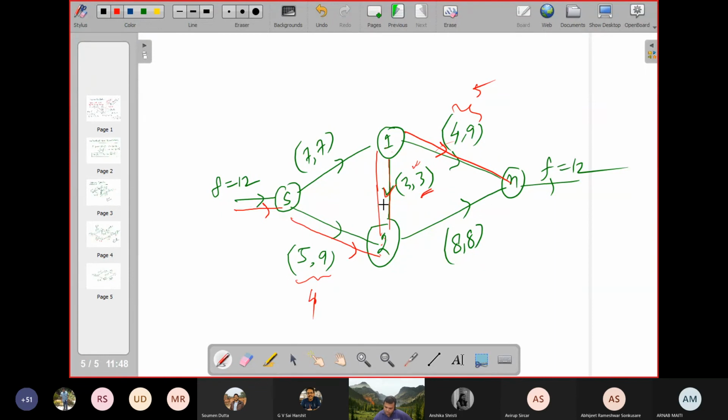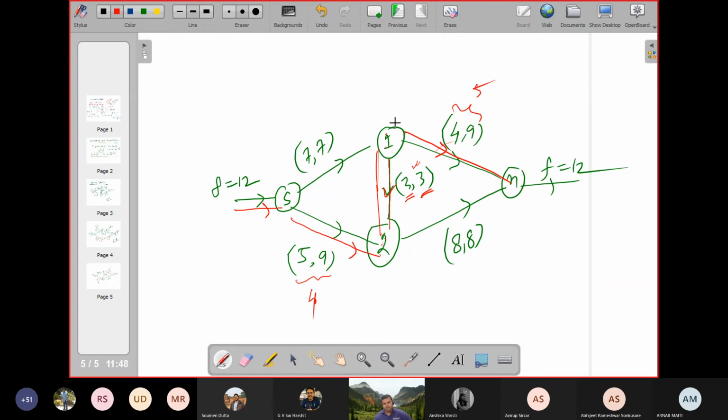But this flow would be backward, isn't it? But it's a forward arc. So when I try to flow through it in a backward manner, essentially we'll be reducing the flow through this arc. Currently this flow is 3. So if I try to flow 3 units from 2 to 1, it will actually reduce this flow by 3 units. So it will become 0, 3. So although mathematically we are seeing it in an augmenting path, actually no flow is happening from 1 to 2.